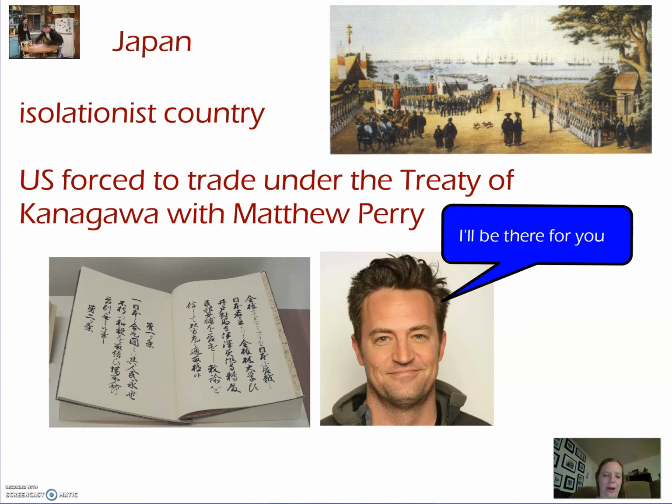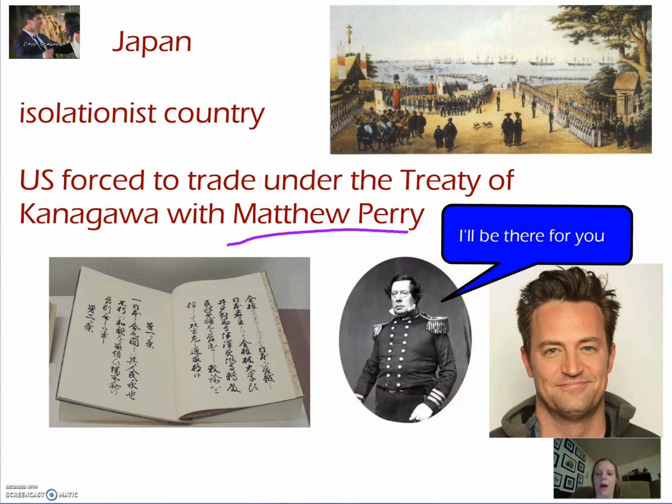So what you're going to have is Japan being isolationist, and their goal was to remain isolationist, but the United States under Matthew Perry, who was a Commodore and who was not this Matthew Perry, but a very different one, we created a trade blockade where we basically said we're not going to allow anything in and out of your harbor until you agree to sign this document and open up your borders to trade with us. So we created that trade alliance.